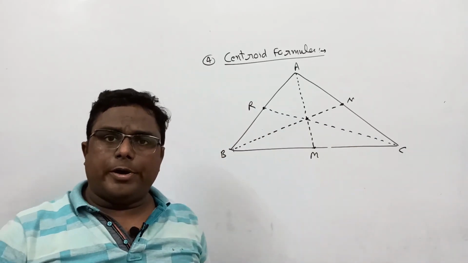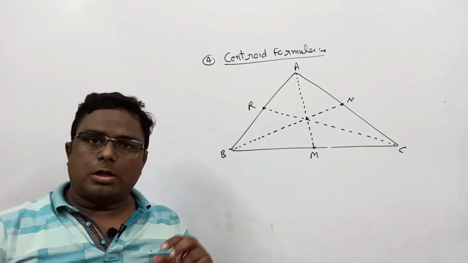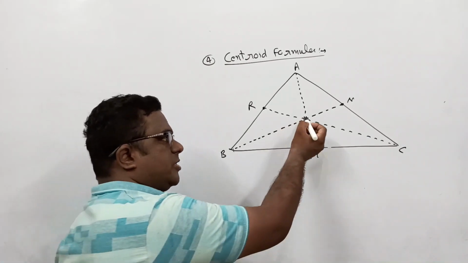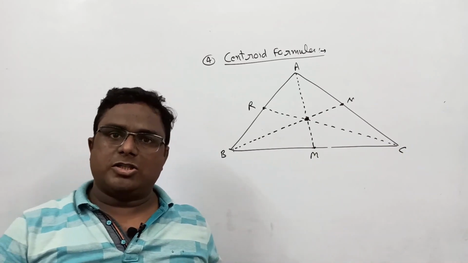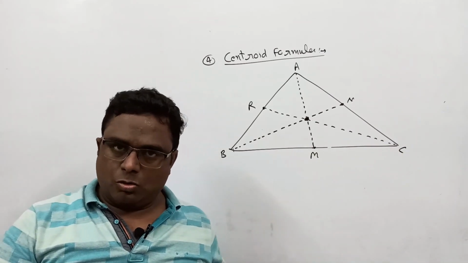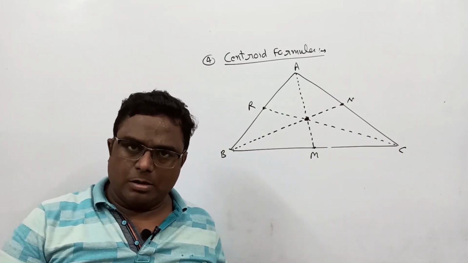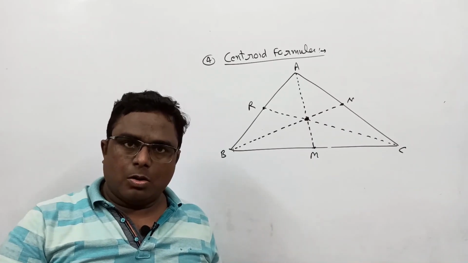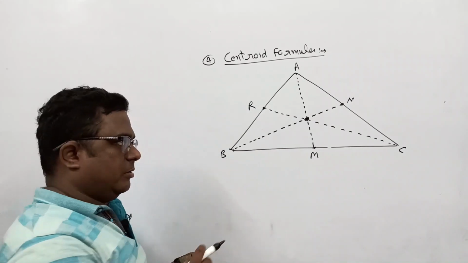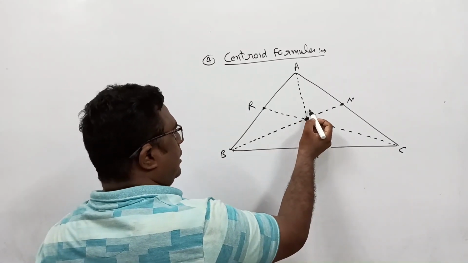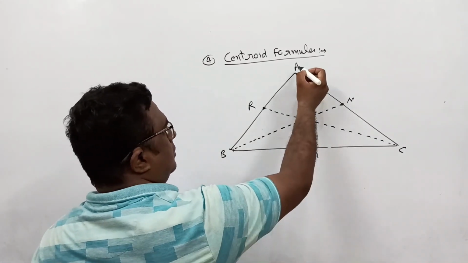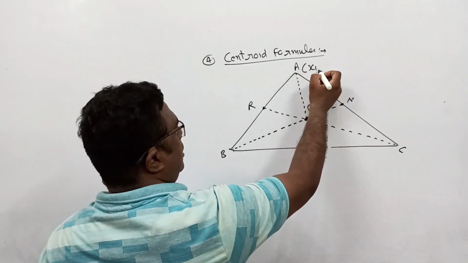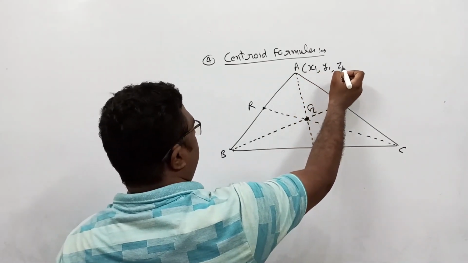Now it is the property of every triangle that all the three medians pass through the same point, and that point is known as centroid. So basically, what is centroid of triangle? Centroid means the point of intersection of all three medians of a triangle. So this point is centroid, and let us denote it by G. Now suppose the coordinates of A are x1, y1 and z1.